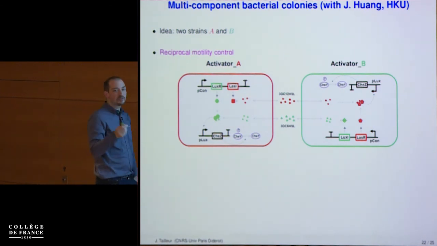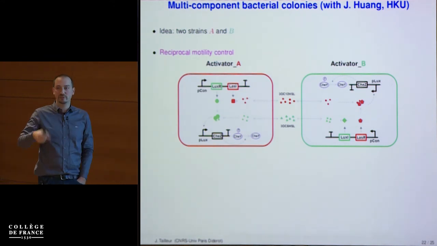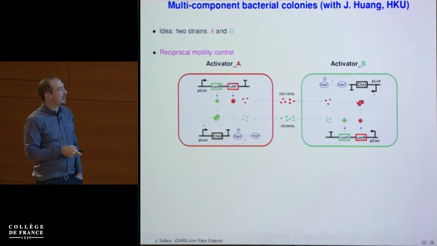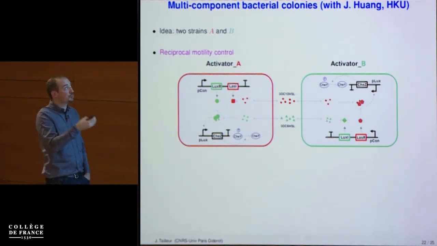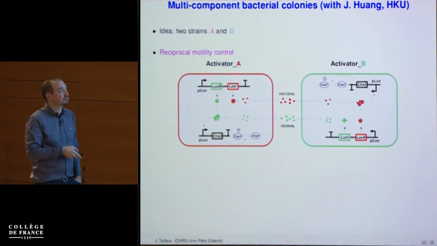So here, something fundamentally different from the previous case is that bacteria don't self-regulate. If this one is alone, nothing is happening. In addition, you have lots of things which are proper characteristics of mixtures, like mixing entropies and so on, which makes the prediction of the collective behavior much harder to do.